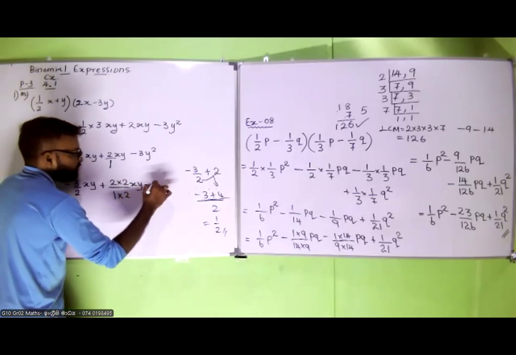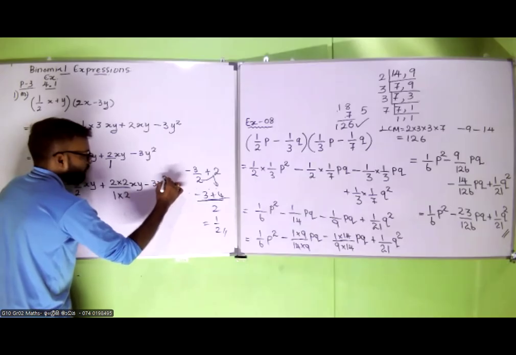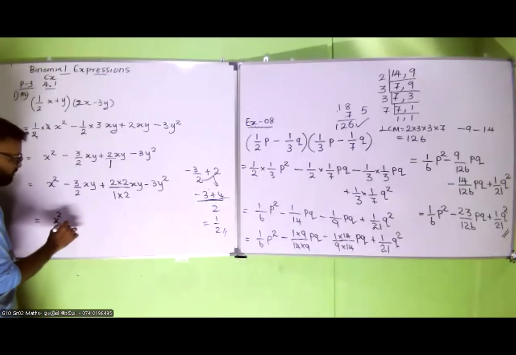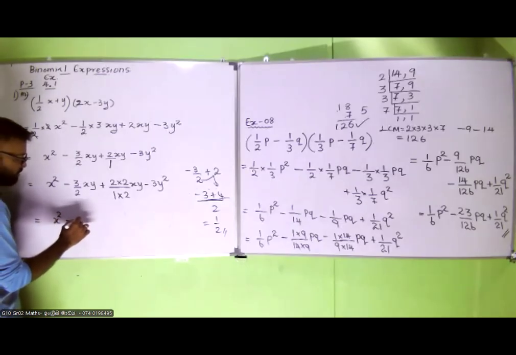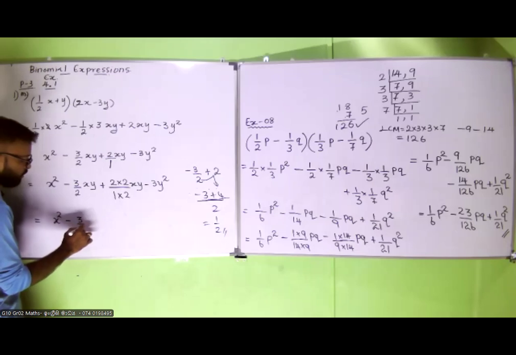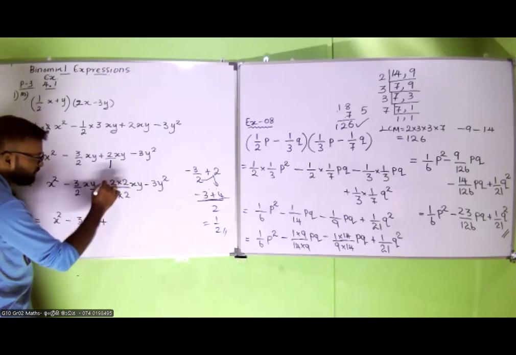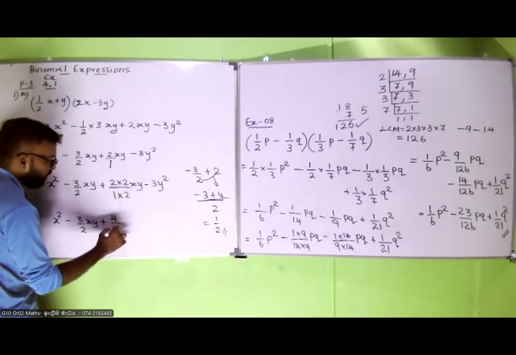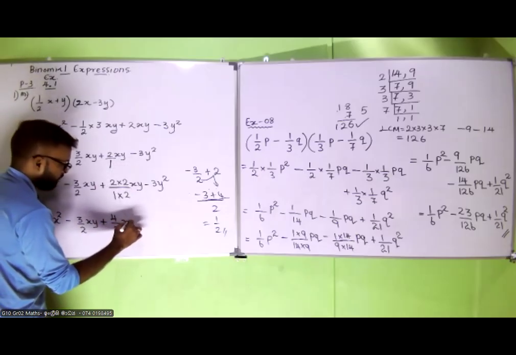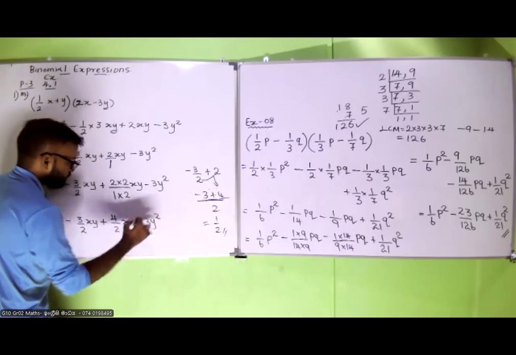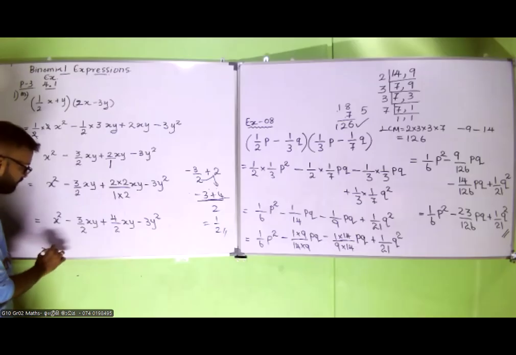xy minus 3y square, right? Equal x square minus 3 upon 2 xy plus 2 into 2, 4 upon 2 xy minus 3y square equal mark x square, right?